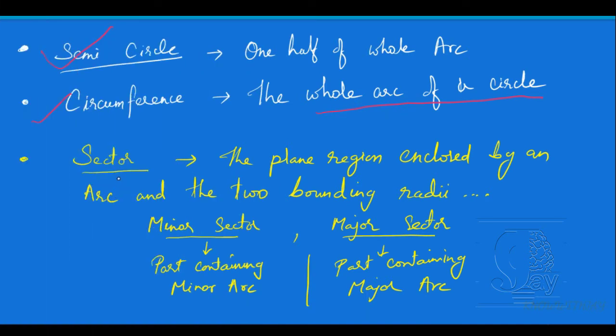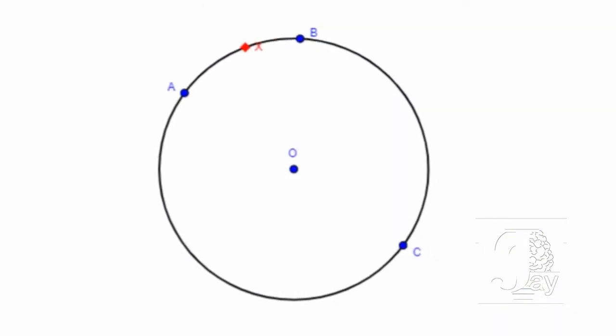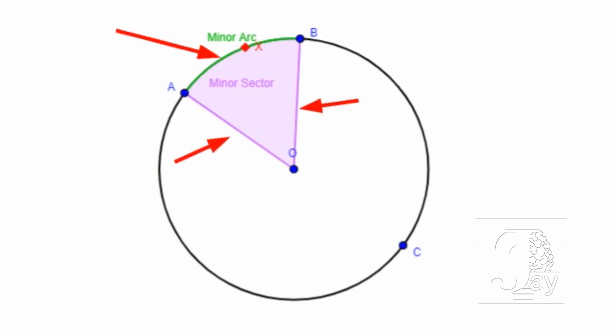The next one is a sector. The plane region enclosed by an arc and the two bounding radii of a circle is called a sector. Now there are two types of sectors again, minor sector and major sector. When we consider minor arc AXB, then the corresponding sector is the plane region enclosed by the arc and the two bounding radii of the circle.